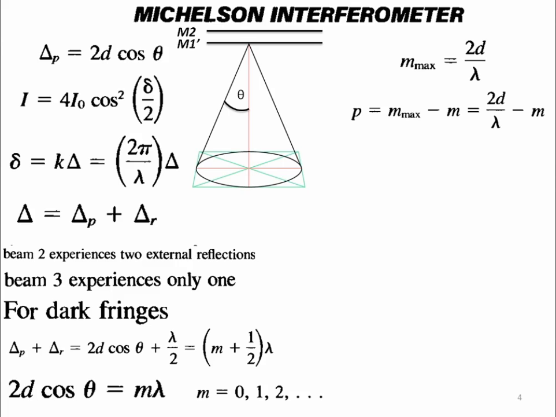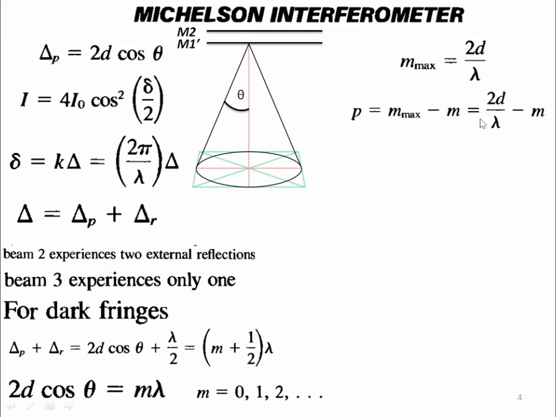Fine. Now to go back to that customary representation of the central fringe corresponding to the integer 0, we introduce a new integer rather than m. Let us decide to go for another integer, p, and define it like this: p is equal to m max minus m. So m max is this value, and m is the one following from this equation.